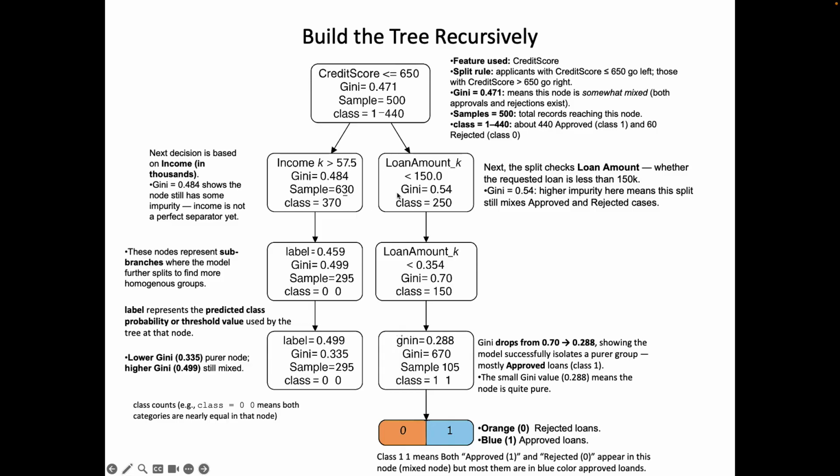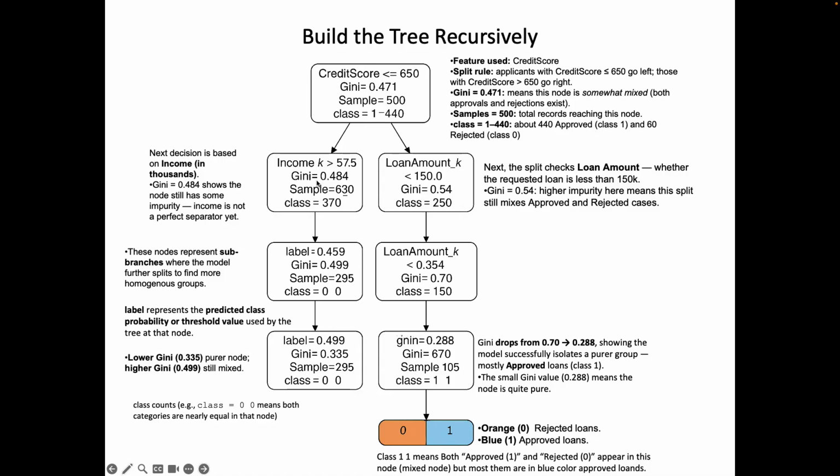Then we look at the second one, another child here, where the loan amount is less than 150. This split checks whether the requested loan is less than 150, and the Gini we calculated based on that is 0.5. The class is 250, which means 250 were approved and the rest rejected.